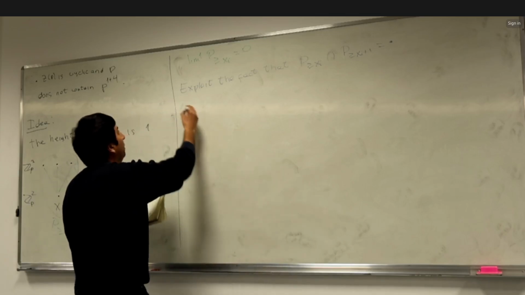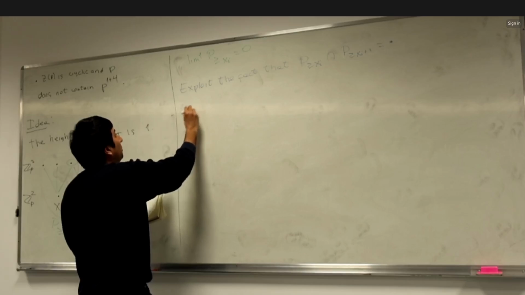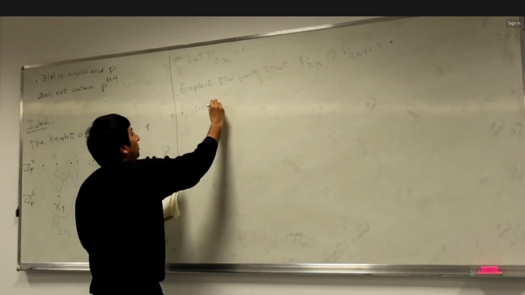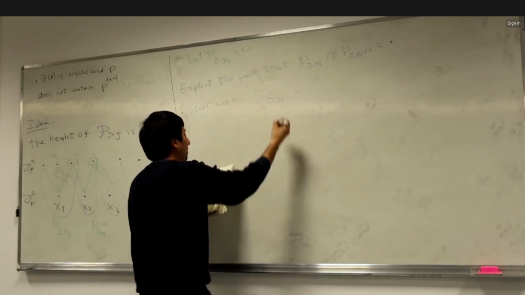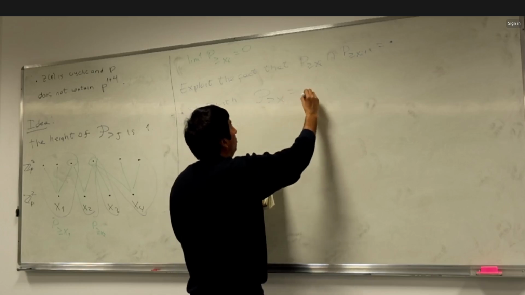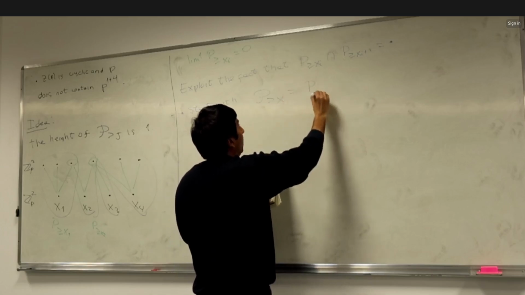And start with this case. Let's suppose that our poset is a union of 2 of these guys.